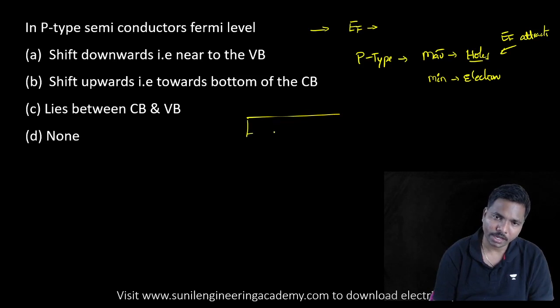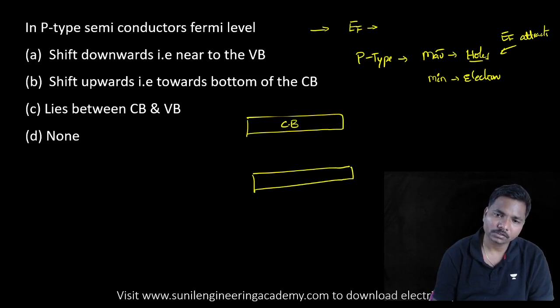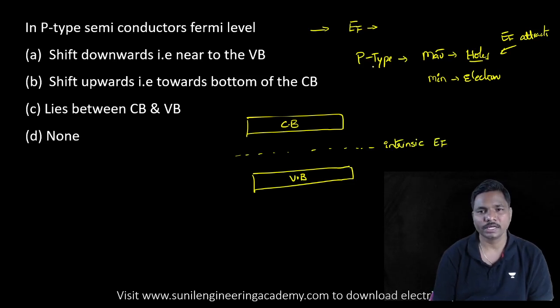So here we have the conduction band, here we have the valence band. Generally it is in the middle for intrinsic. So in case of P type, the majority carriers are holes.